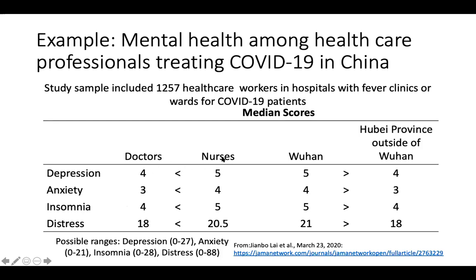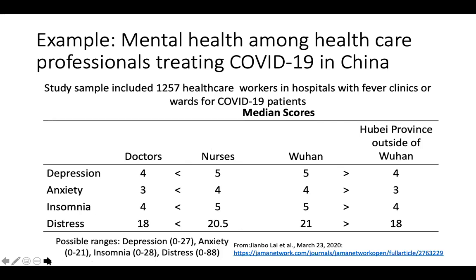What you'll see is that nurses had higher scores with respect to depression, anxiety, insomnia, and distress relative to doctors. And those who worked at the epicenter of the epidemic in Wuhan had higher scores than those who worked in Hubei province, which is where Wuhan is, but who didn't work in Wuhan itself. So the prevalence of mental health problems was much greater among those at the epicenter and among nurses relative to doctors.